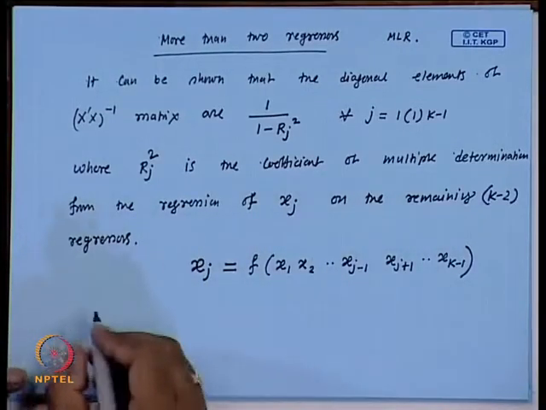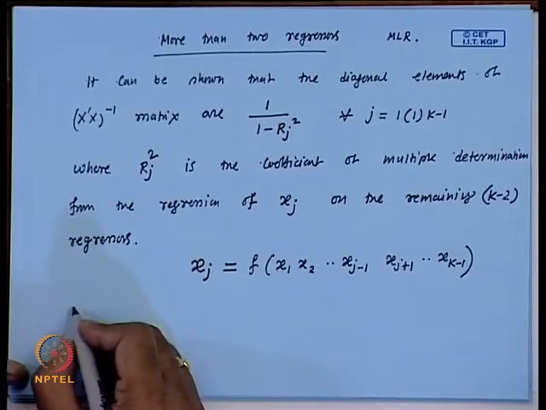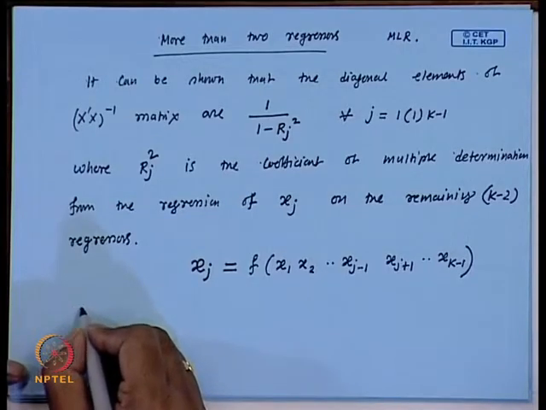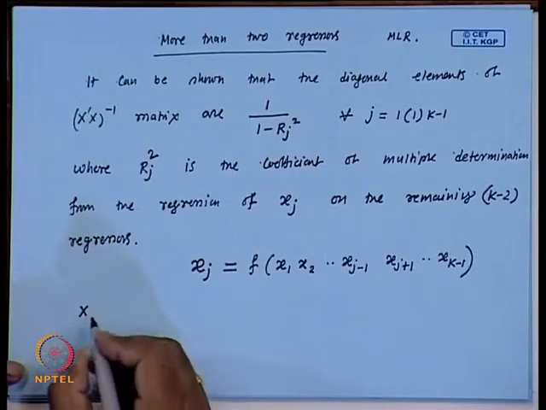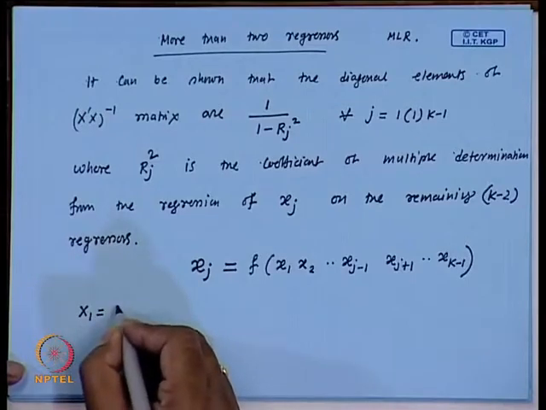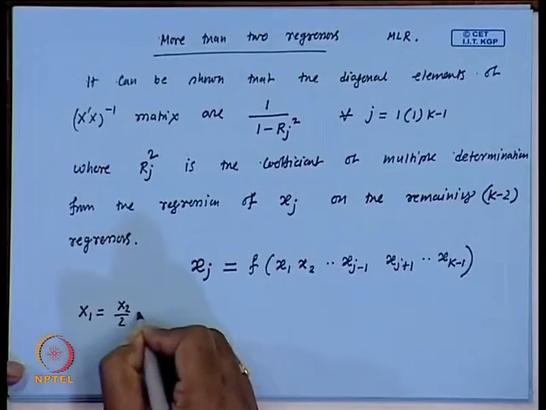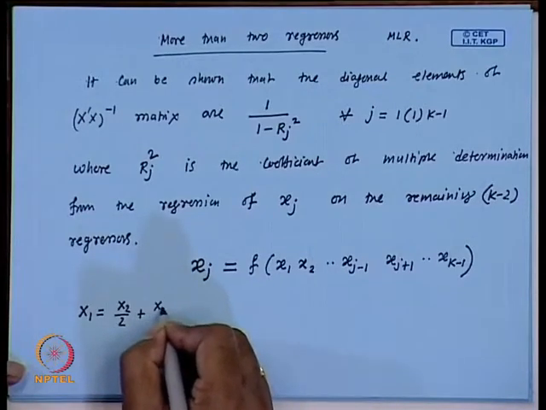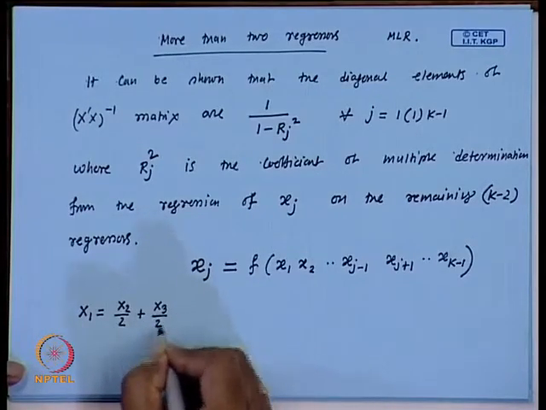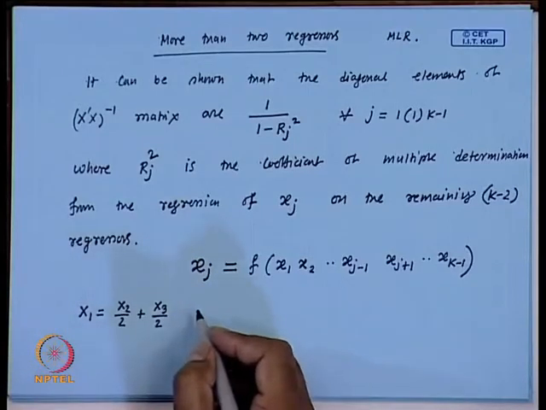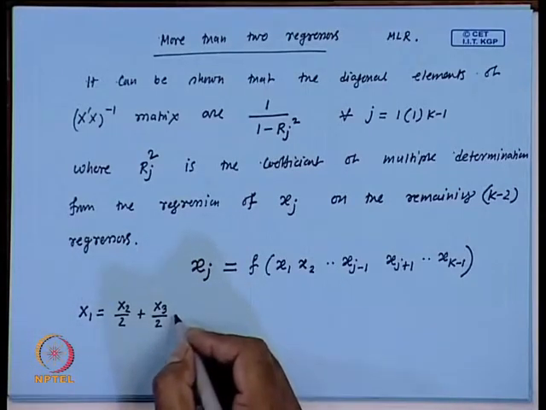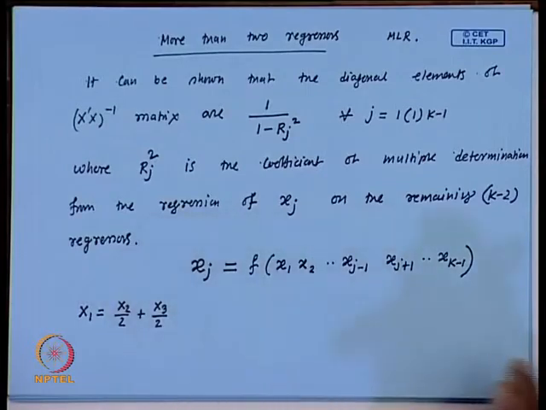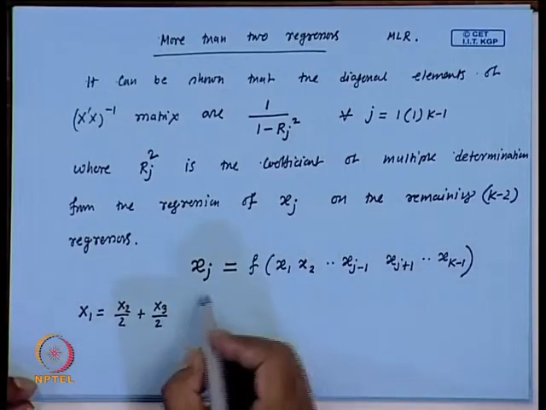If you can recall my first example today, there we checked that, if I am recalling correctly, X1 is equal to X2 by 2 plus X3 by 2, and this is true for all the observations we had.